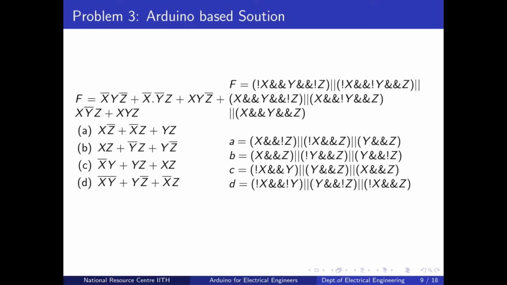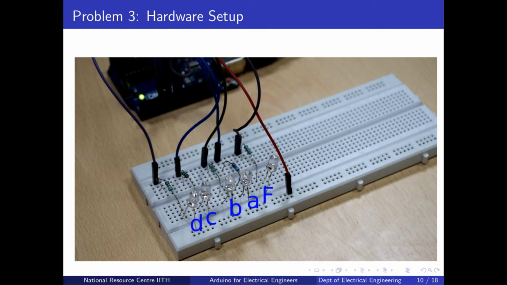By this we can understand we require 5 output pins and 3 input variables. Totally we require 5 plus 3, 8 variables and 5 output pins. So let's see the hardware setup.